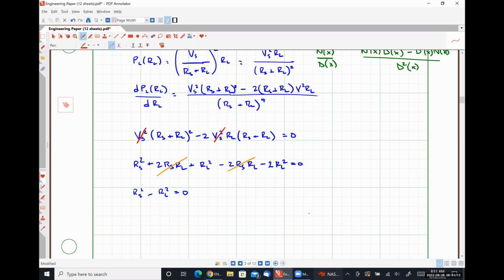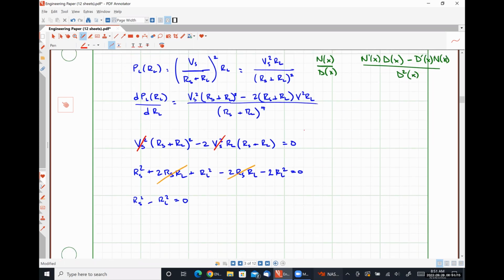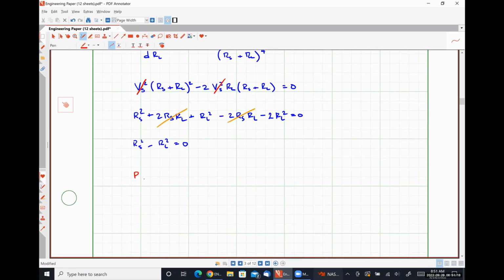If we plug that relationship into our power equation, what we find is that PL max, and I'm going to put in parentheses here to let us know specifically what's happening, so this occurs when RL is equal to Rs, is given by Vs over Rs plus Rs quantity squared times Rs, which simplifies to Vs squared over 4 Rs.